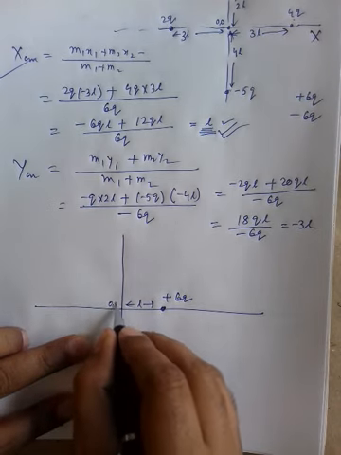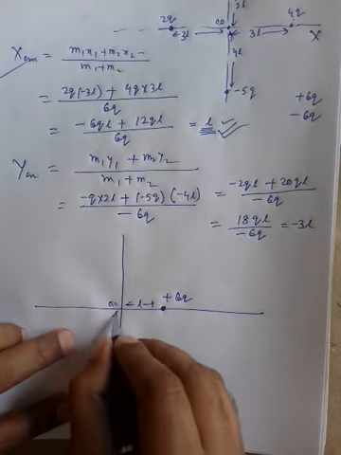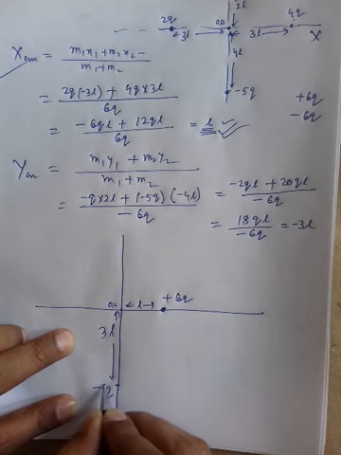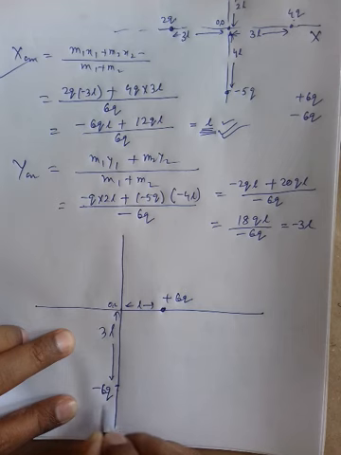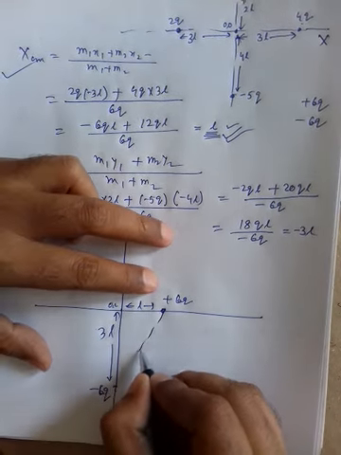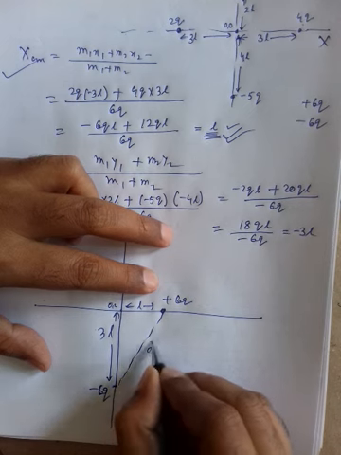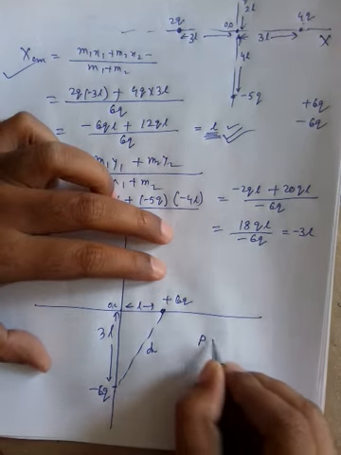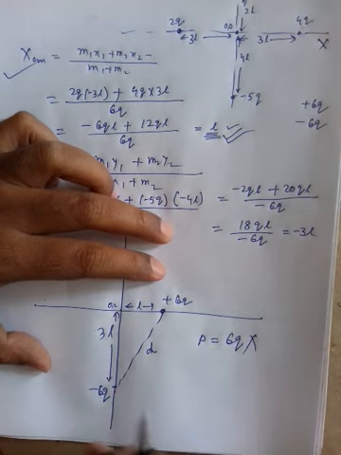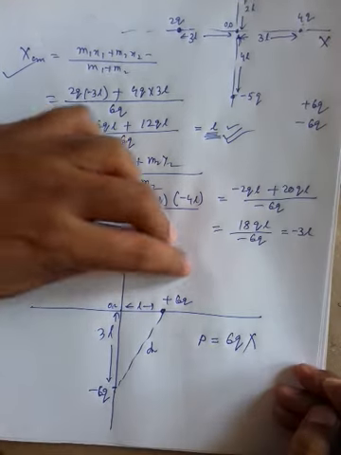So from the origin, minus 3L means somewhere here. So here minus 6q is present. So we have one combination of equal and opposite charges separated by this distance. If this distance is d, the dipole moment value will be charge, either this minus 6q or plus 6q, times d.